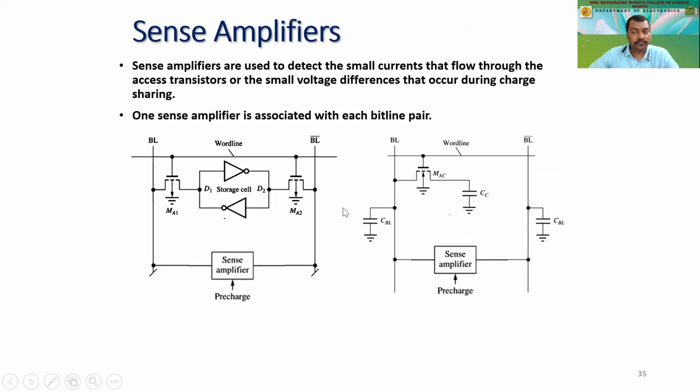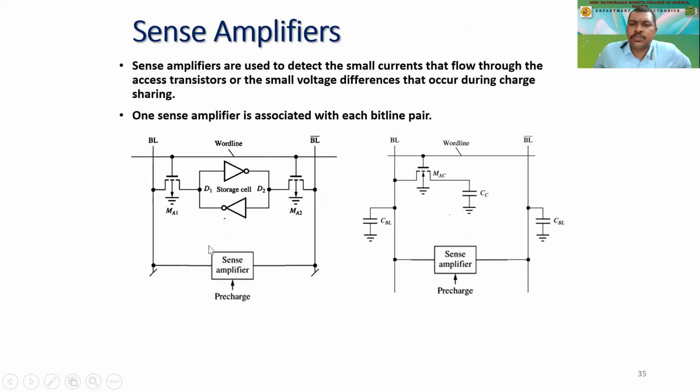Accordingly, we'll have that. Now, the next one, how the sense amplifier works. This is the construction of the static RAM. Sense amplifiers are used to detect the small currents that flow through the access transistor, or the small voltage difference that occurs during the charge shift. Now, there are two bit lines, bit line bar and bit line, and we have the sense amplifier connected to both of them.